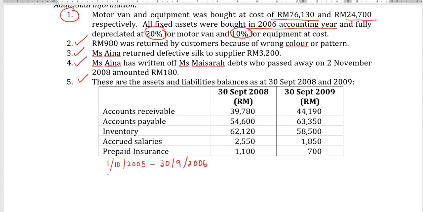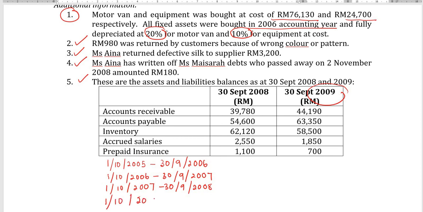Okay, and then we have 1 hari bulan 10 2006 dia berakhir 30 9 2007, and then 1 hari bulan 10 2007 dia berakhir 30 hari bulan 9 2008. Okay, our closing is here. Okay, so 1 hari bulan 10 2008 hingga 30 hari bulan September 2008.